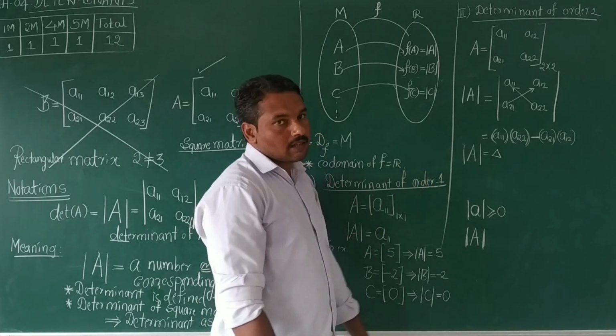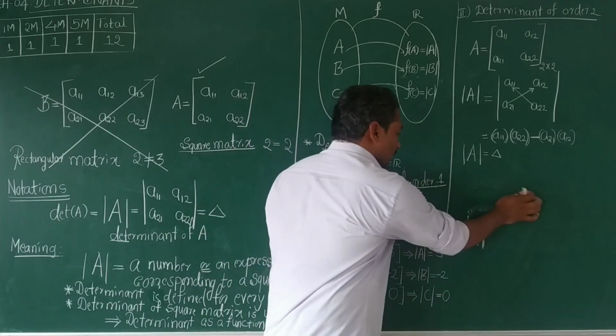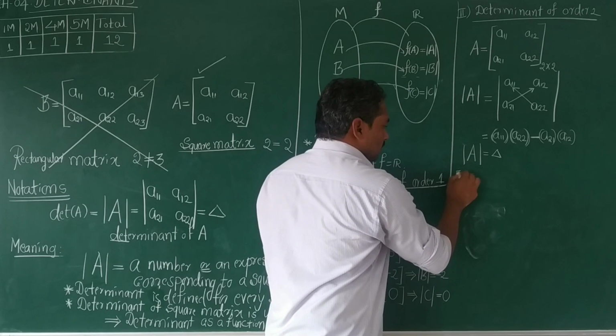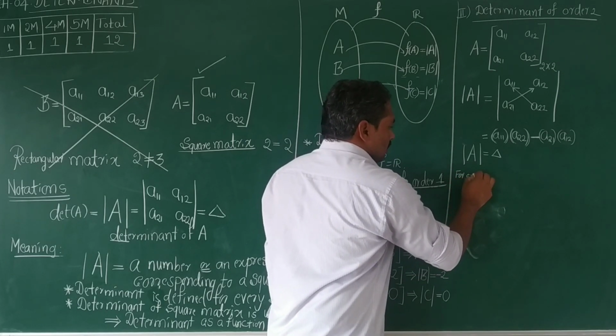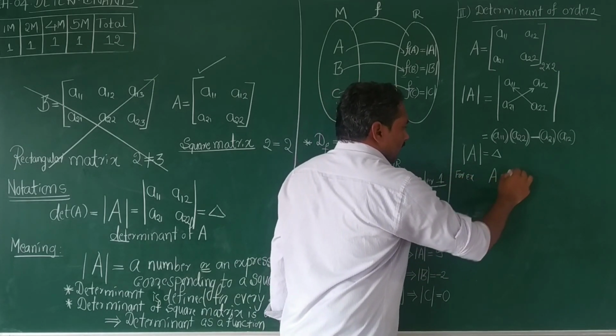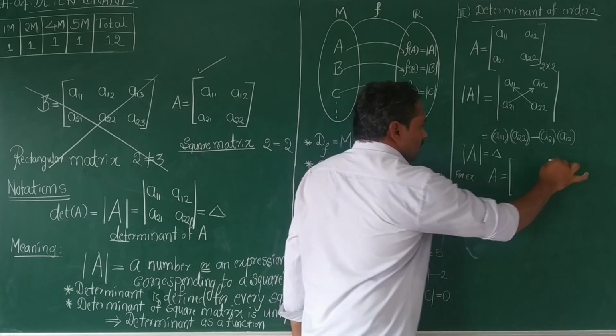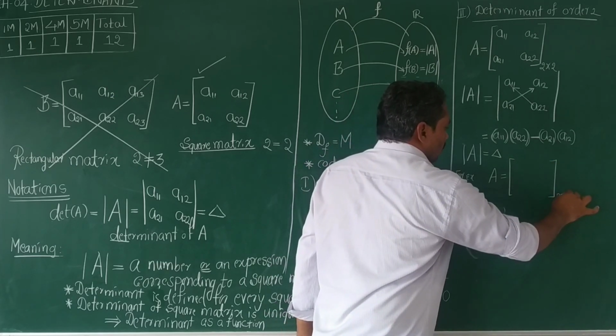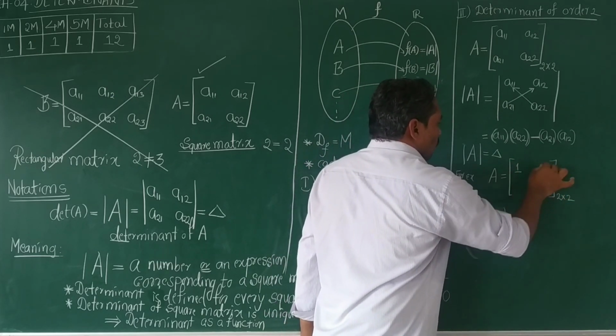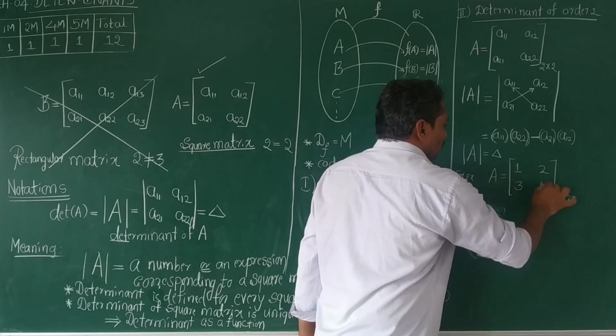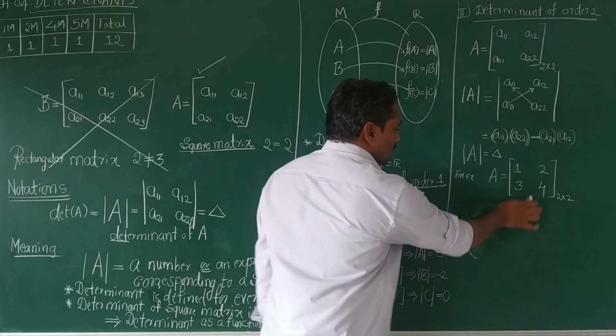For better understanding, I consider an example. Suppose A is a square matrix of order 2. The elements are 1, 2, 3, 4, just for an example.